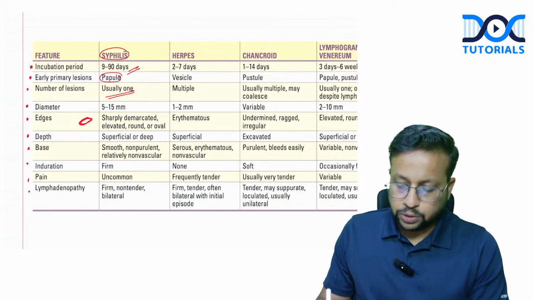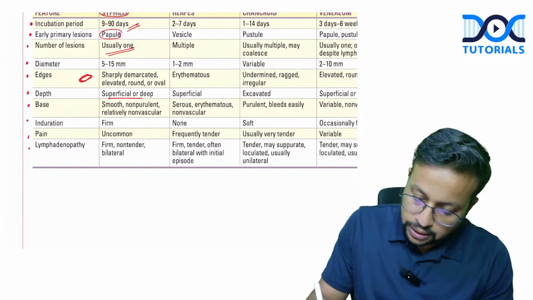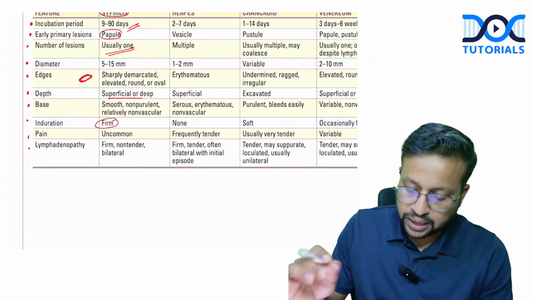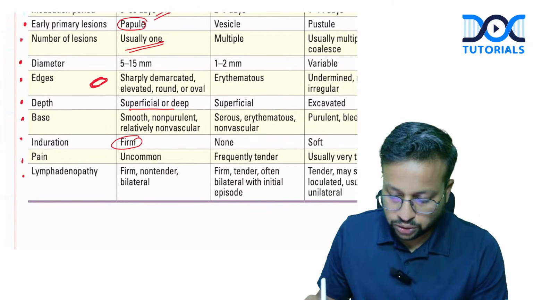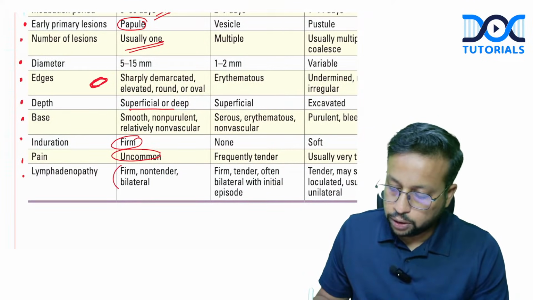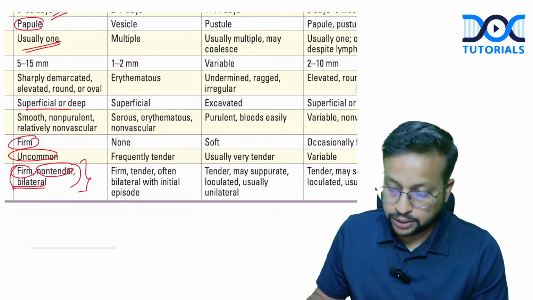It may be superficial or deep. What is characteristic is the induration, a cartilaginous consistency that you will get with syphilitic ulcers. Pain is uncommon for syphilitic ulcers. You may get lymphadenopathy. Usually non-tender bilateral lymph nodes can be seen.